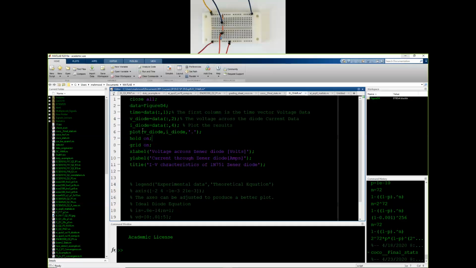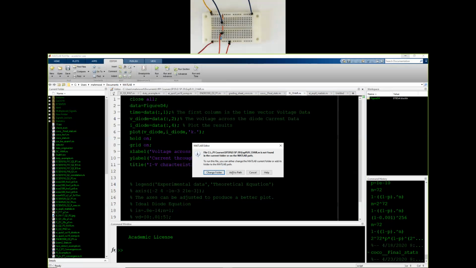Then I plot voltage on the x-axis, current on the y-axis in a blue dot. Maybe I can change that to a black dot. Let's see what happens. Then I do a hold on, then I do a grid on the plot, then I add those X, Y labels and the title. So I think this is good. I can run it now. Go to editor, run it. Yes, add to path.